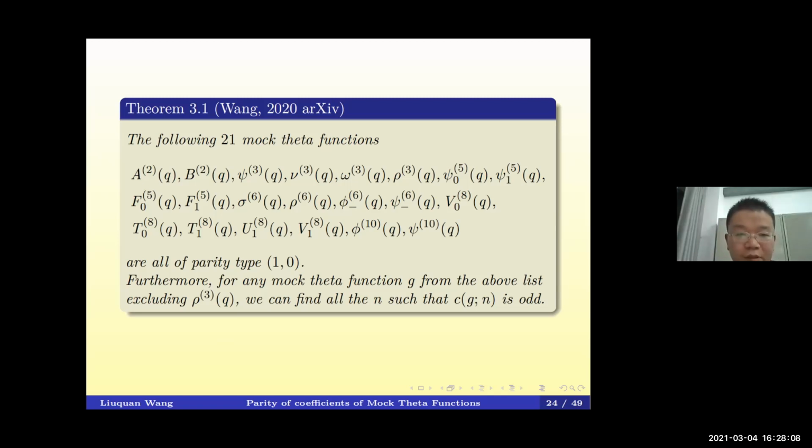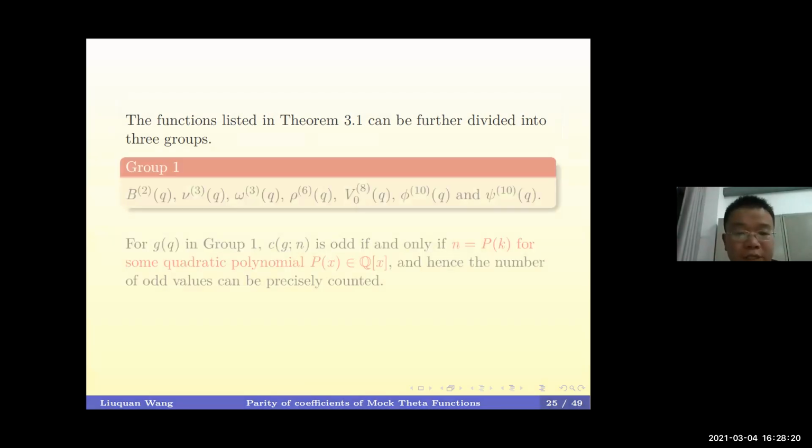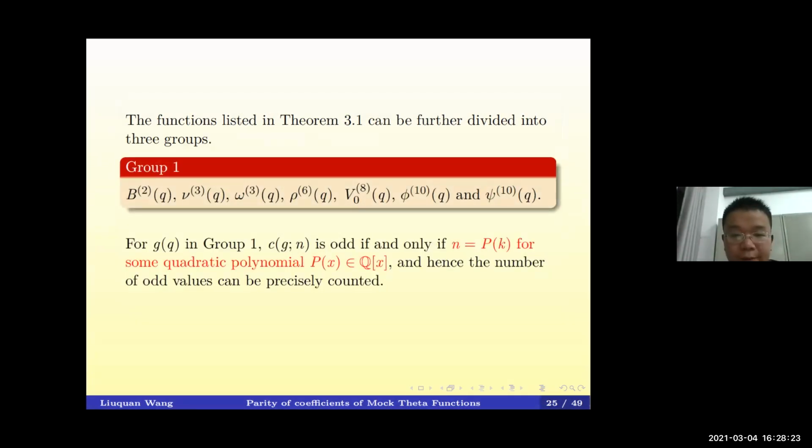And actually, the functions given here can be further divided into 3 groups according to their character. The first group consists of these functions. Why do I list them in group 1? Because their parity shares a similar nature. For any function in this group, its coefficient is odd if and only if n equals a quadratic polynomial of k.